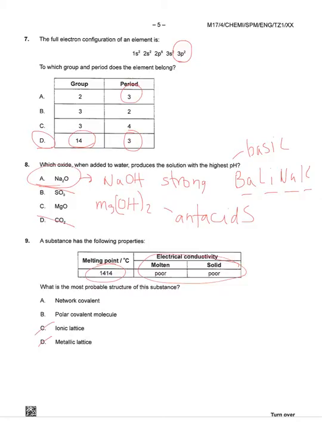Ionic is out because it would have good conductivity as a molten substance. Polar covalent is out because it would have a low melting point. So even if you don't know what a network covalent is, you're going to come to it by reason of elimination. Network covalents, things like silicon and carbon, tend to form these network covalents with high melting points but no conductivity.